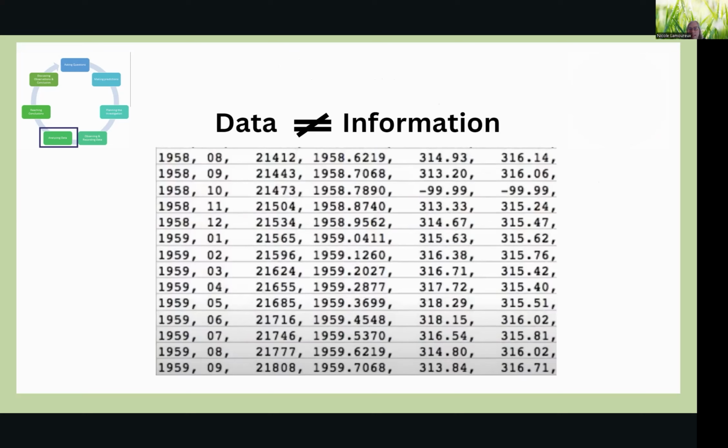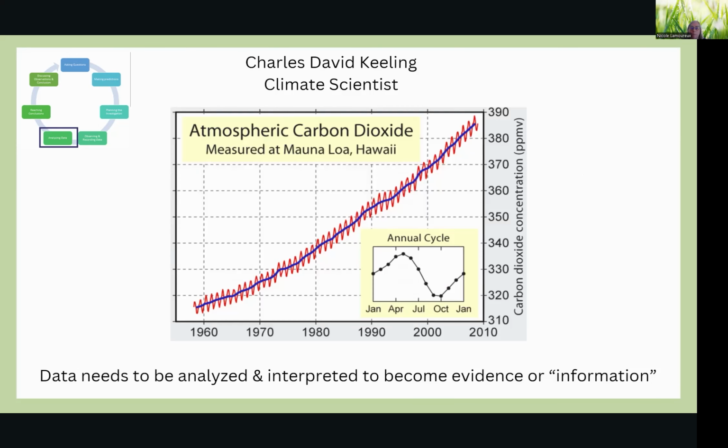So in science, data is not information. So in other subjects like social studies or things like that, data can be information, but not in science, right? These are just sets of numbers. It's recorded observations, right? When we analyze and interpret the data, meaning is provided to it and it makes more sense.